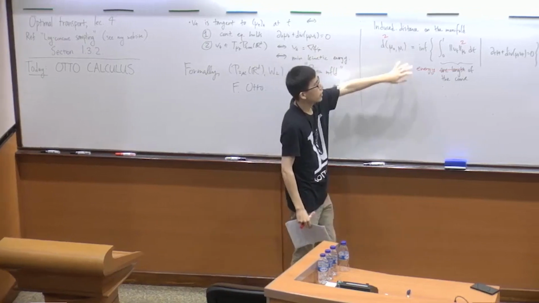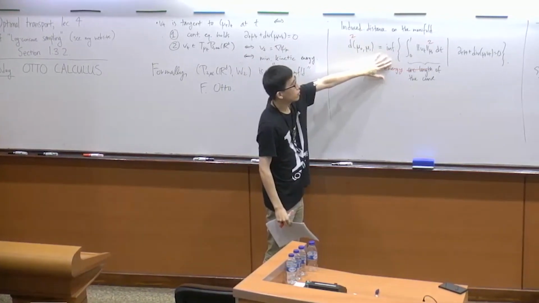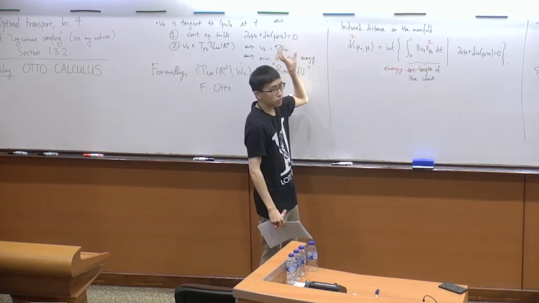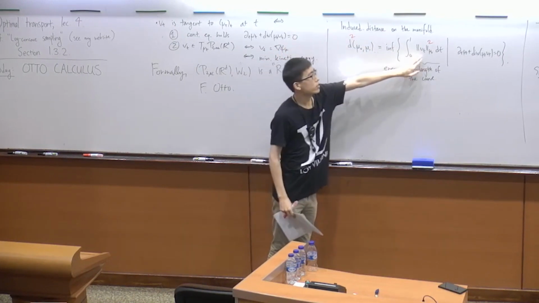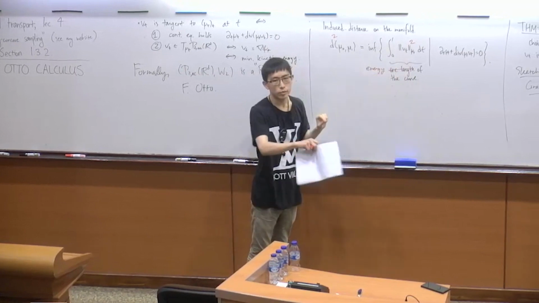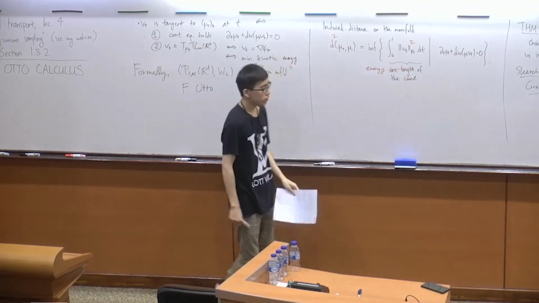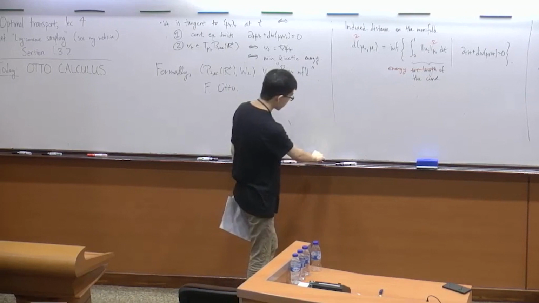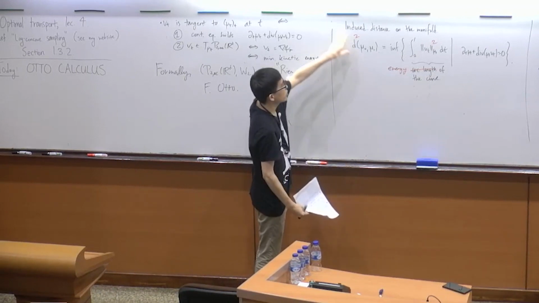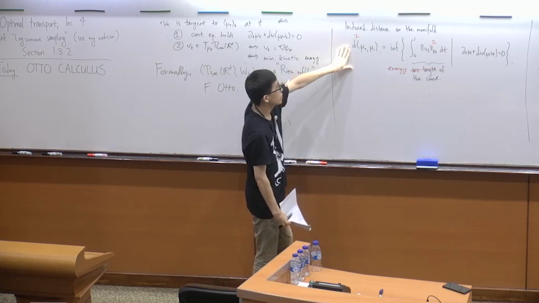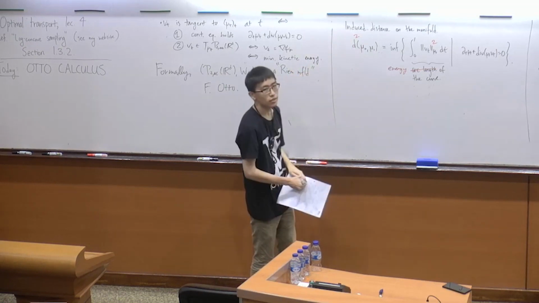The only difference is that the minimizers of this problem are the minimizers of the arc length problem plus the additional constraint that the solutions have a constant speed. So this will be convenient for us. But in the end, it is just another way of defining this induced distance.